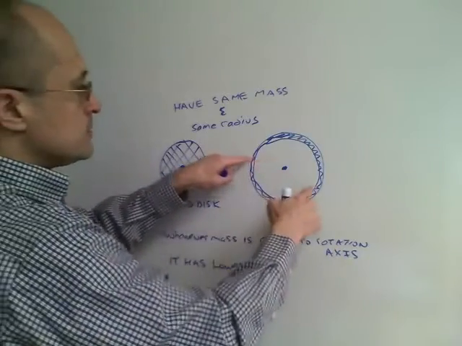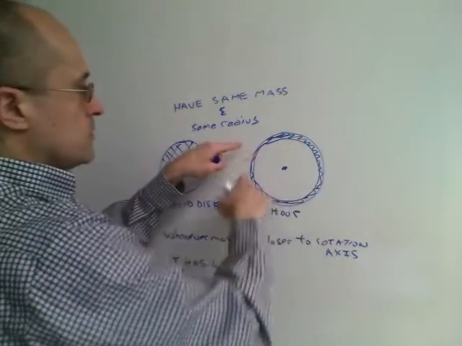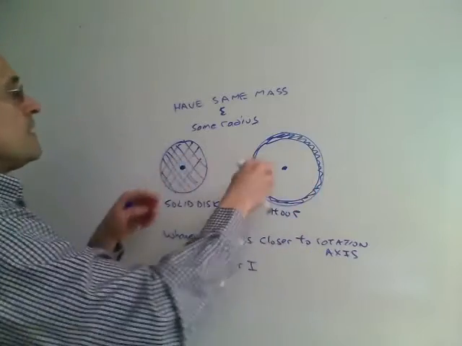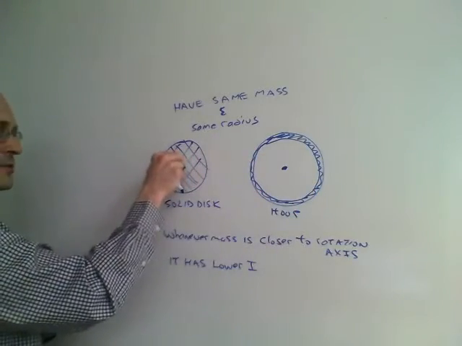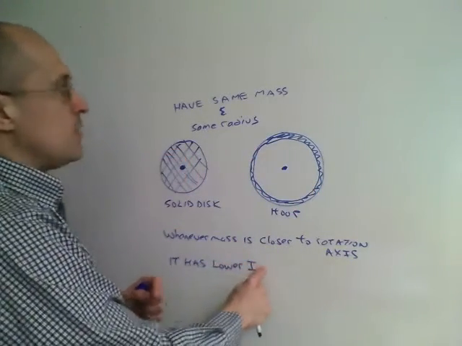The hoop has its mass a radial distance away. This one has more of the mass closer to the center, which means it has a lower I.